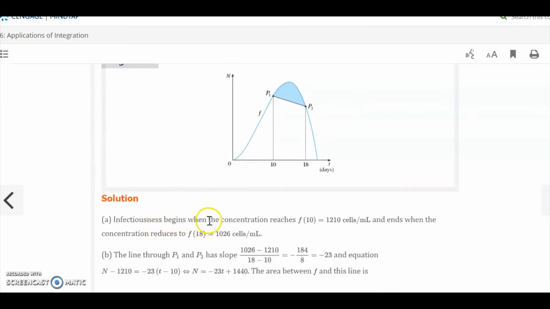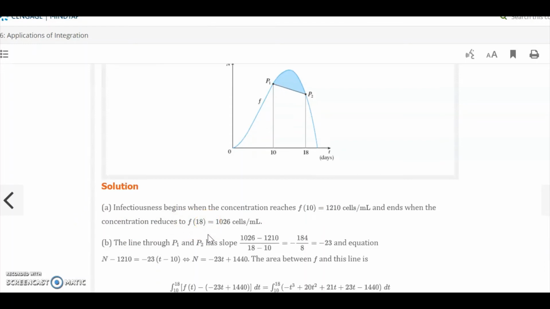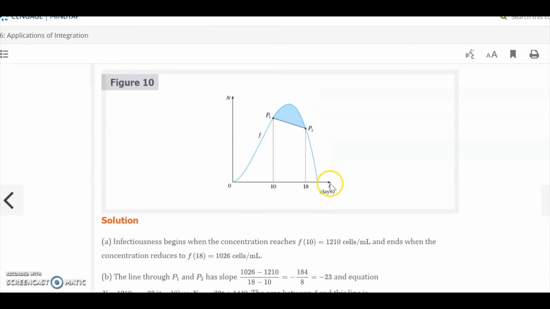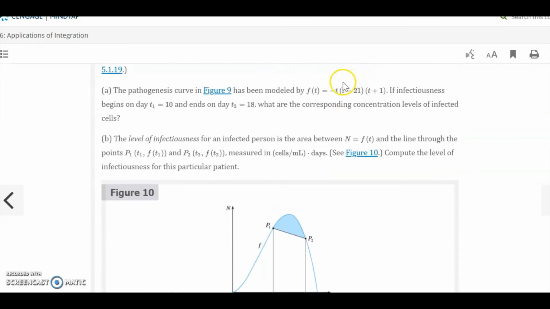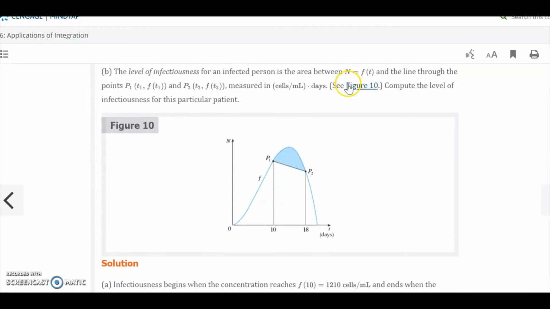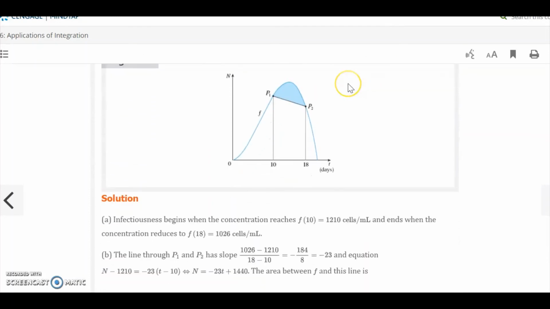So infectiousness begins when the concentration reaches F10. So they're just plugging in T1, and they're getting an output of 1,210 cells per milliliter. And it ends when the concentration is at F18. So like I said before, all they're doing is plugging in those values into the original function. So they're plugging in 10 into this function up here, and 18 into that function.